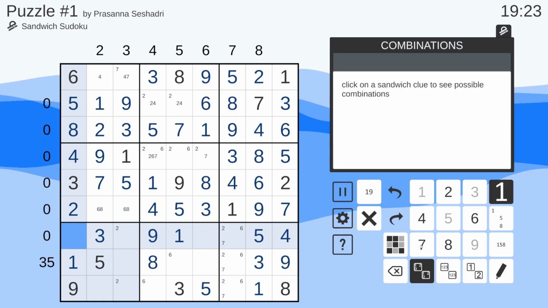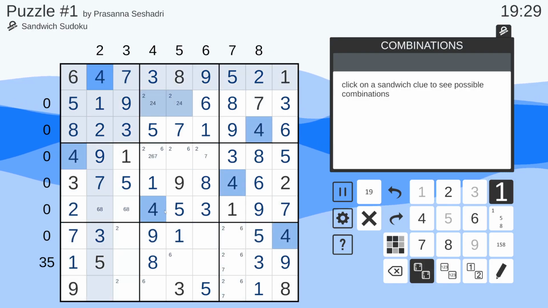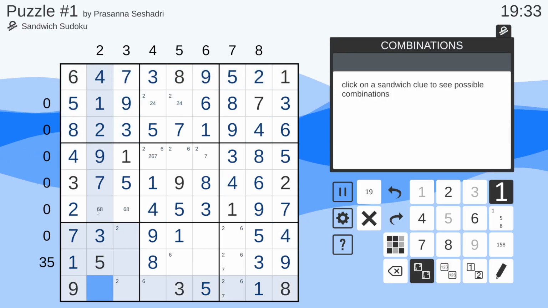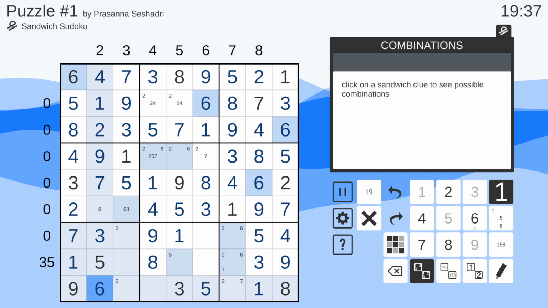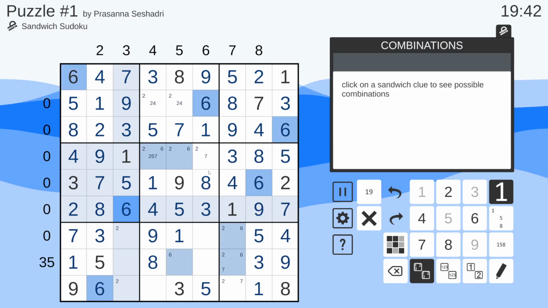This is also 7. That disambiguates this one up top. And now this is a 6, 8 in this column, but there's an 8 looking at it, so this is 6. This is 8.